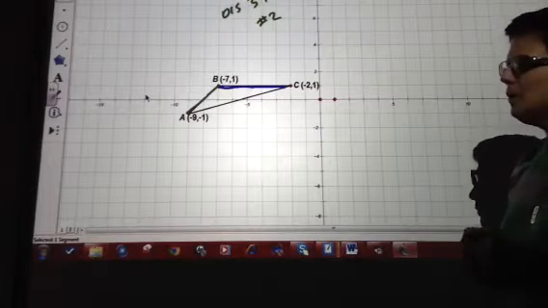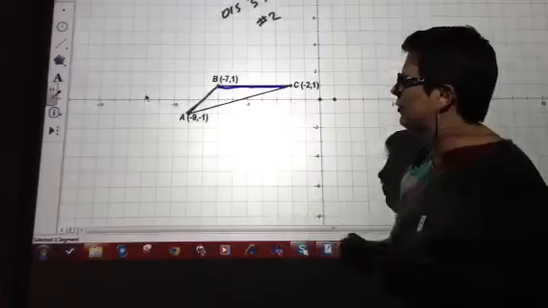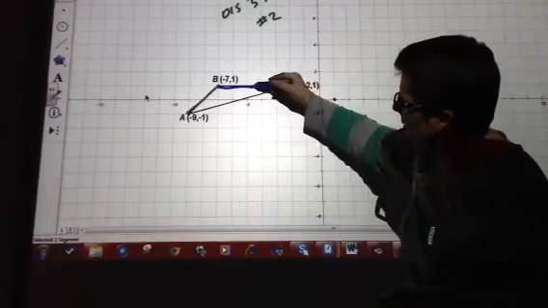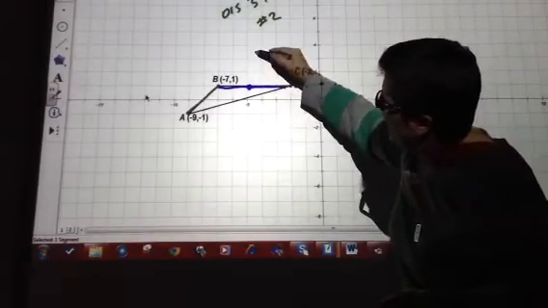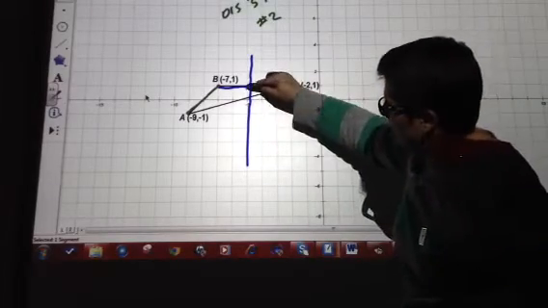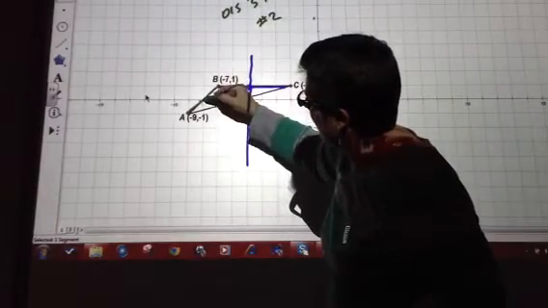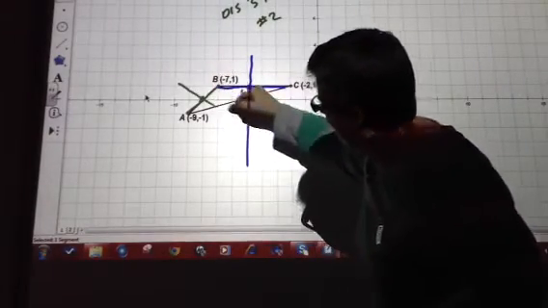So I really want to find the equations of the perpendicular bisectors of these two sides. I need to find the midpoint, and I would need to find the slope of that line that would be perpendicular.